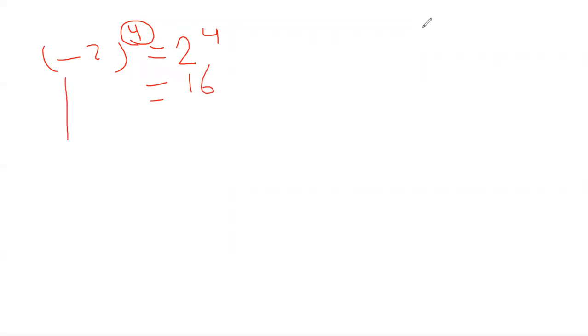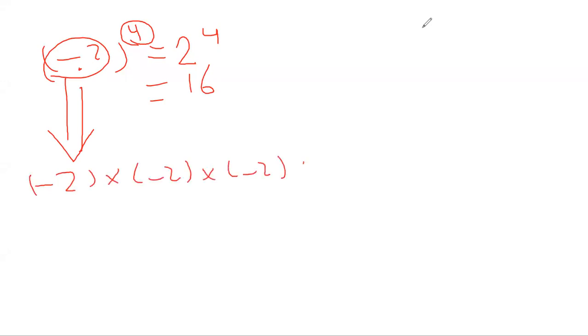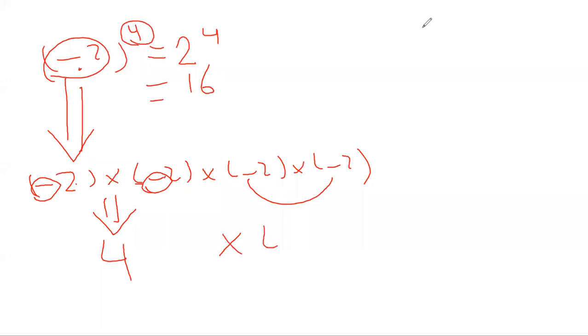Okay, if I use it with negative, this is for the meaning only. Negative 2 power 4 means negative 2 repeated 4 times, so it will be negative 2 times negative 2 times negative 2 times negative 2. Negative times negative, we know any negative times negative is positive, so 2 times 2 is 4. Then negative times negative is also positive and 2 times 2 is 4. 4 times 4 equals 16.